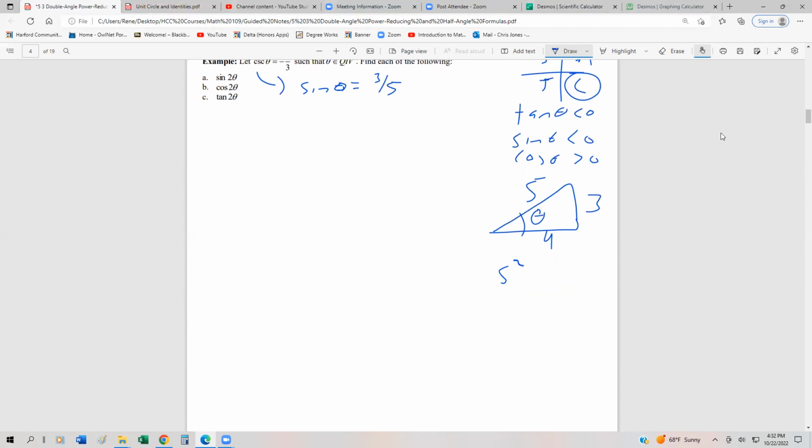We can say 5 squared equals 3 squared plus b squared. 25 equals 9 plus b squared. 16 equals b squared. 4 equals b. But we should recognize some of these Pythagorean triples like 3, 4, 5. For instance, we saw the 5, 12, 13. Some of the ones that are more common we should recognize.